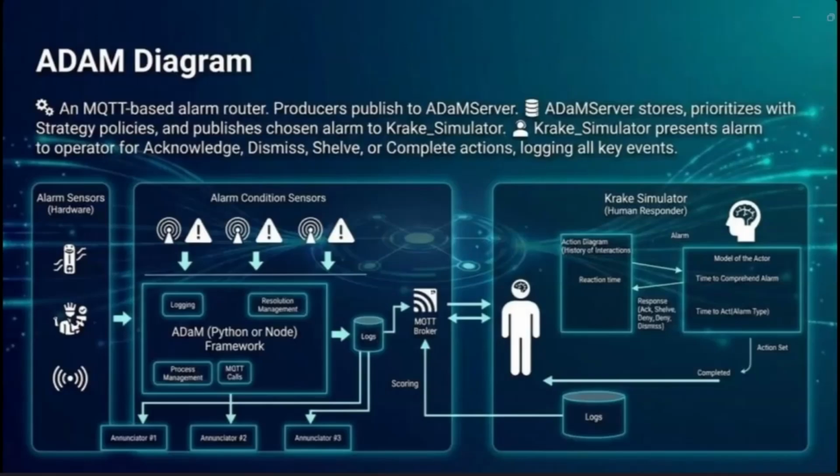The description of the alarm, we programmed it to be 80 characters long. On the screen, the operator will be presented with multiple options that we have programmed, which are acknowledge, dismiss, shelve, and completed.